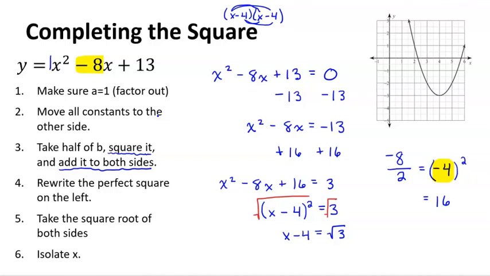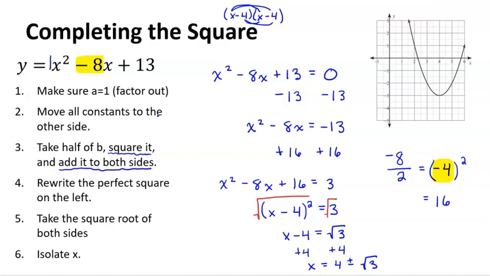When we've been taking square roots, we've always just been assuming that the number is positive, but we know that it could be a number times itself being positive or multiplying itself when it's negative, and it still would give us that +3. So let's go ahead and get x by itself. So we have +4 and +4. So now I have x equals 4 plus or minus the square root of 3.